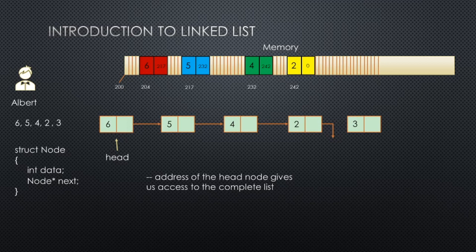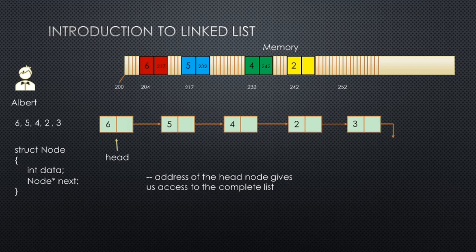Now all we need to do is fill in these links properly: the address of the second node is to be filled in with this node's address, 252, and the new node's address will be 0 or null. So this last node does not point to anything.